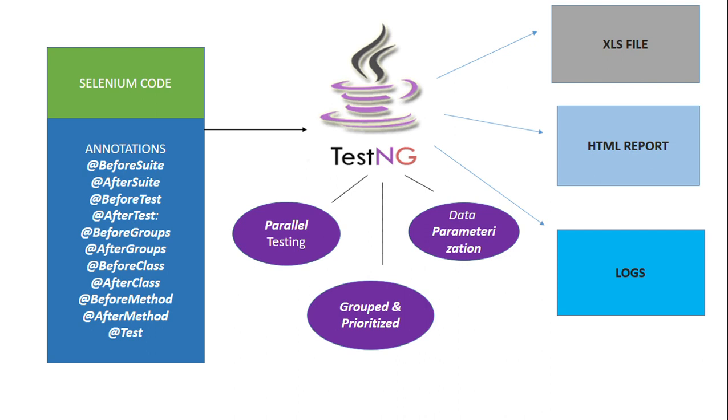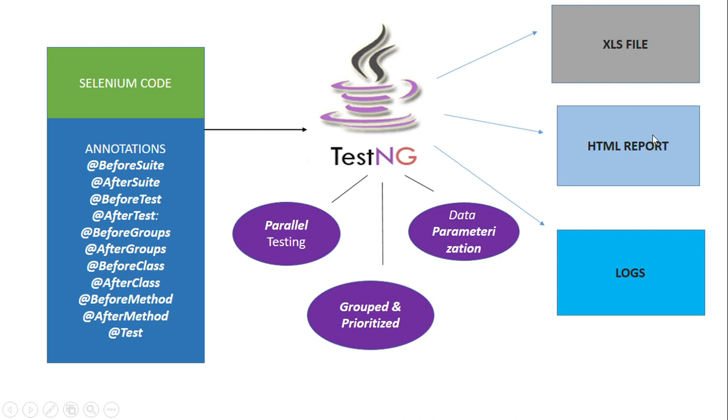Then parallel execution is the most important advantage provided by TestNG. Parallel execution of test cases means you are running multiple test cases in the TestNG framework at a time. Then the XLS file means it is producing the XLS files, your Excel file.